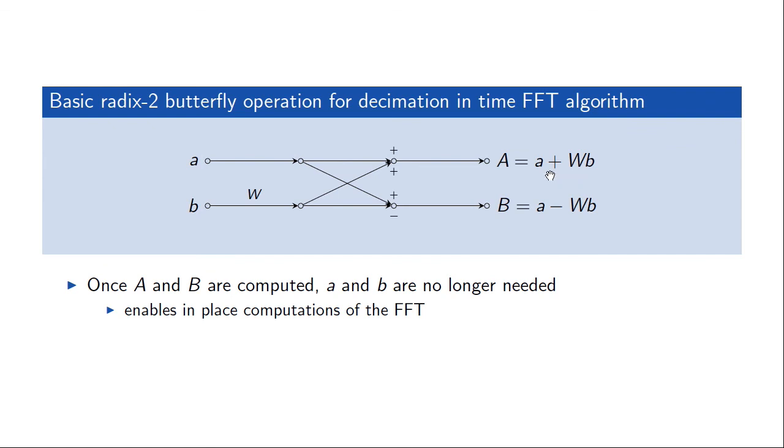So we could store uppercase A and B in memory previously occupied by lowercase a and b. This is called implementing the FFT algorithm in place. The only memory that we would need is the memory required to store the original sequence, and we could replace that memory by the FFT of that sequence.